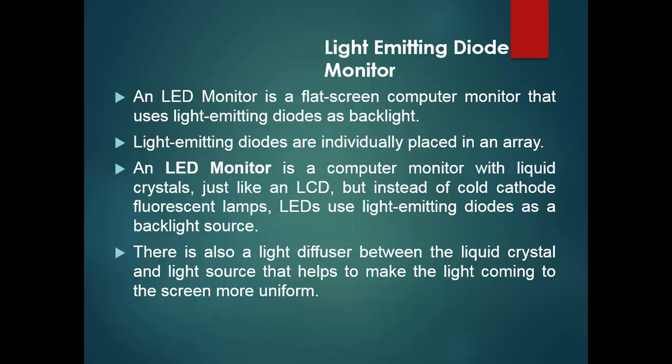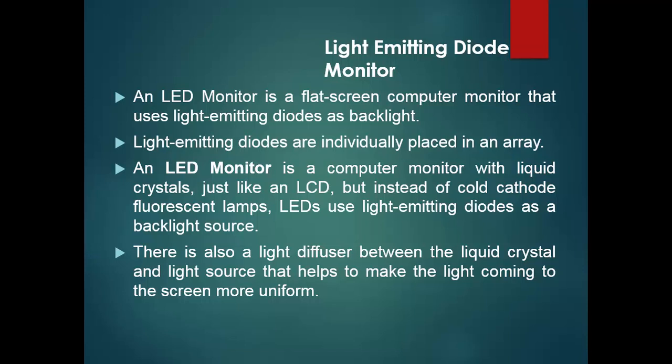Coming to next is the light emitting diode monitor. LED monitor is again a flat screen monitor which uses light emitting diodes as backlight. Light emitting diodes are placed in an array. LED monitor is a computer monitor with liquid crystals, just like an LCD.